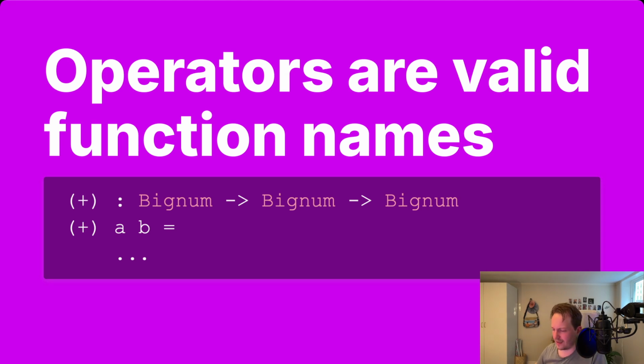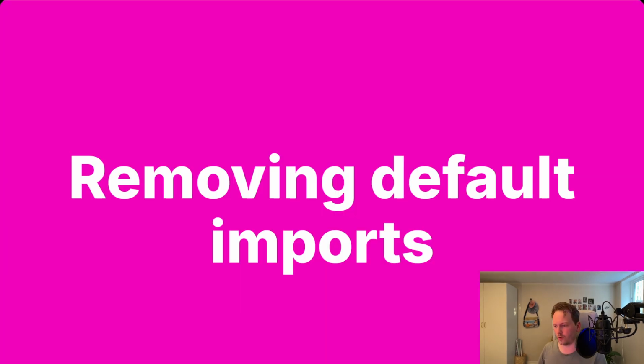I wrote it down a couple of times, and it just felt messy to me. So instead, I went for the other extreme, which is removing default imports in their entirety, which means that if implemented, you will have to write every import statement that matters.